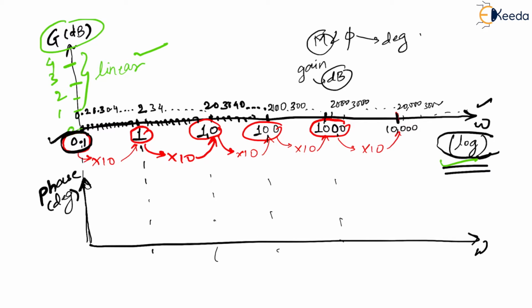If the first frequency is 0, then in order to get the next frequency, I have to multiply by 10. Again, the next one will also be 0, again 0, again 0, right? That is the reason we show the first one to be 0.1.